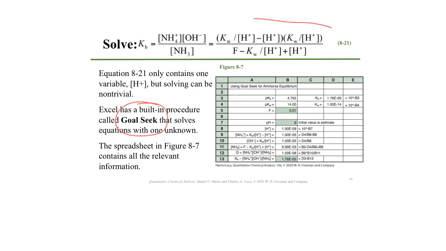This thing is not all that difficult. You just start plugging things in and isolating the H plus. Once you isolate the H plus, you get to a point where you can figure out what the pH is, and then you go back and plug it into each of the equations that you used to get there. All right, so that's all for Chapter 8, and we'll pick up with our next chapter on Wednesday.